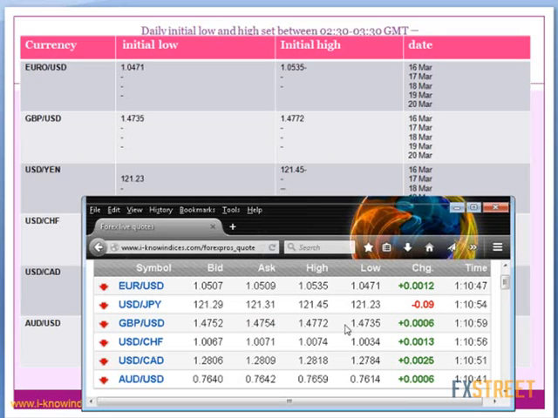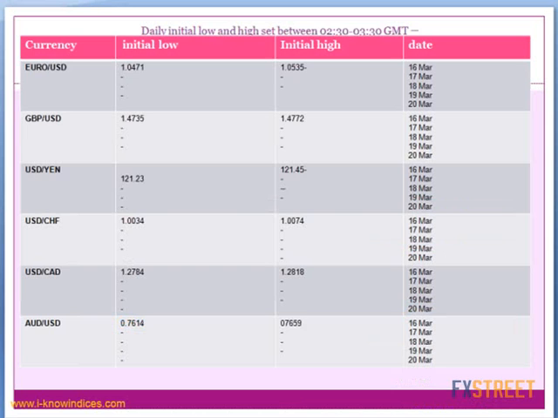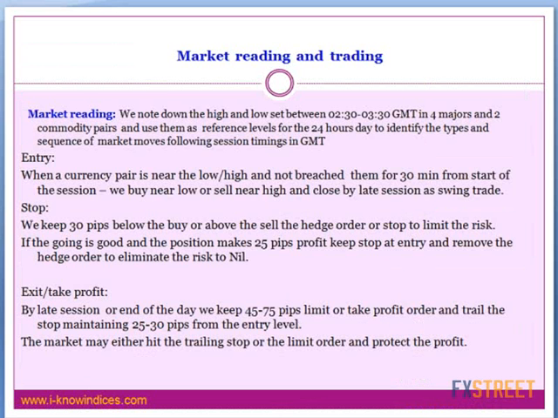So as far as market reading is concerned, we have to note down the initial lows and the highs around 3:30 GMT, and when the market is closer to the low during the early or late sessions, and has not breached the initial low or the high for 30 minutes during our observation, in the early or late session we can take a buy near the low or sell near the high and aim for a swing trade and keep the hedge order to limit the risk.